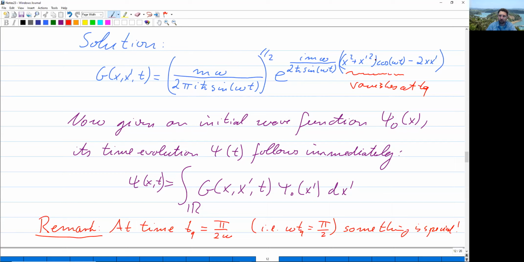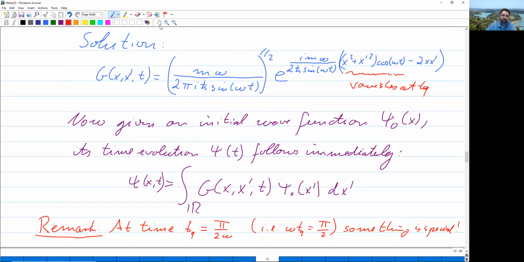This thing is gone, let's not think about it, it's just gone. And instead we just have here x x prime. So what we see here is that the Green's function becomes a constant number times e to the power of i times a constant times x x prime.